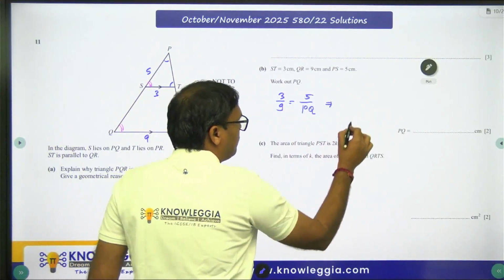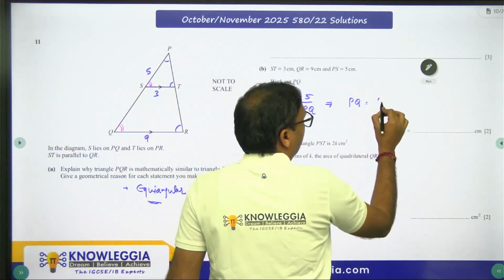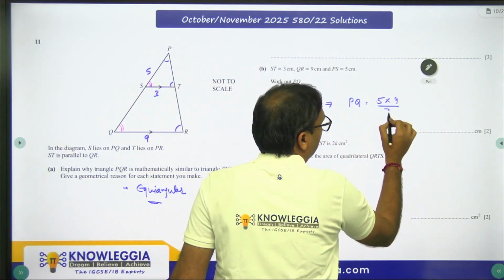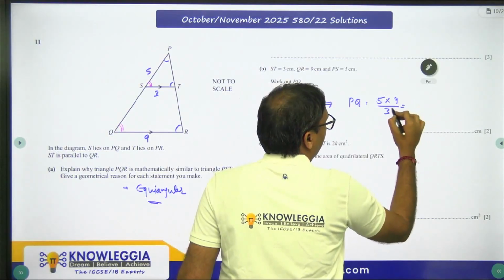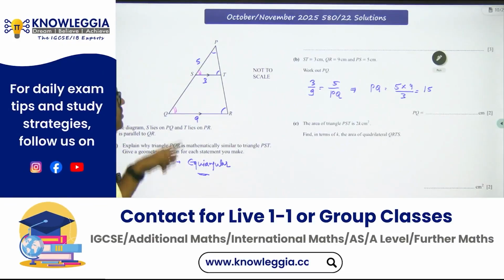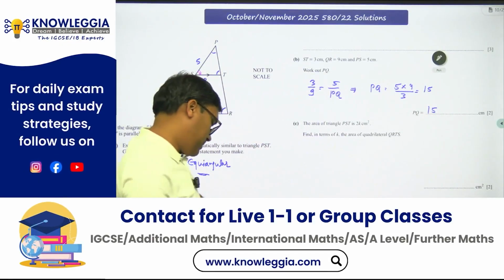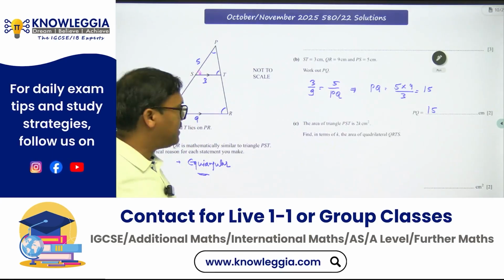So you can clearly see what is PQ. If you cross multiply here, this will be 5 into 9 divided by 3. You can see this is equal to 15. So PQ is equal to 15. That is the answer. 15 centimeter. Okay, 15 centimeter is correct.